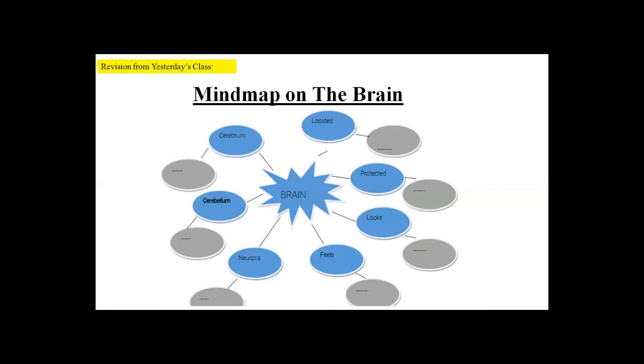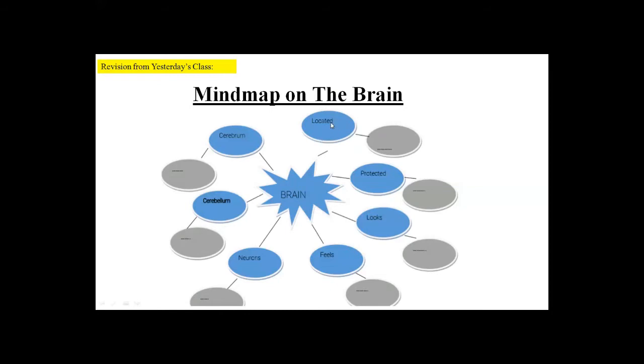Now, we are going to revise yesterday's class through the mind map. Okay. So, what is the definition of the brain? Do you remember? What is the brain? The brain is the control center of the body. Where is it located?